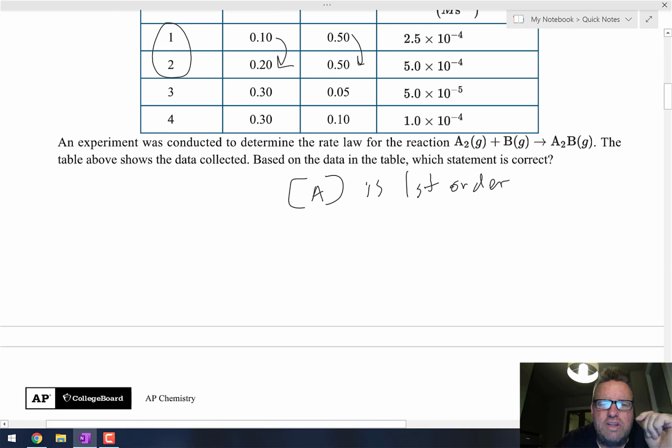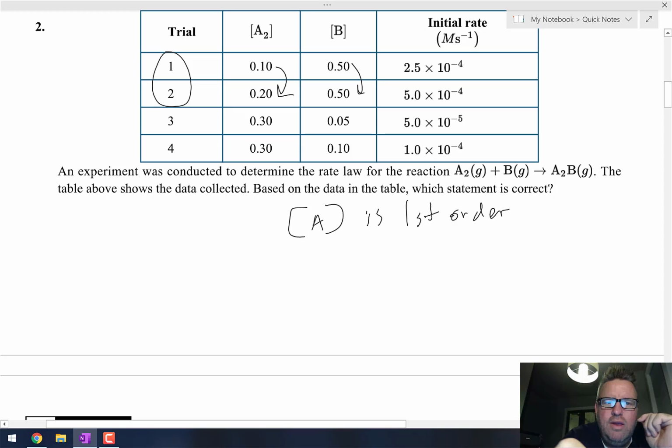Okay, and then let's try to see if we can figure out B. Here we can see that A is staying the same, B is doubling, and then what is the rate doing? Again, this is a multiple choice question, so you can't really, but just to kind of help you, 1 times 10 to the minus 4th is the same as 10 times 10 to the minus 5th.